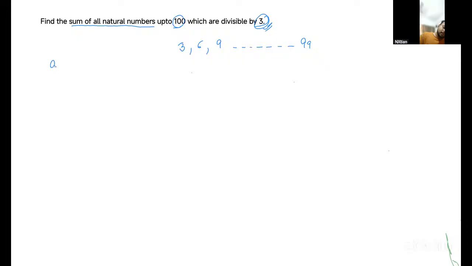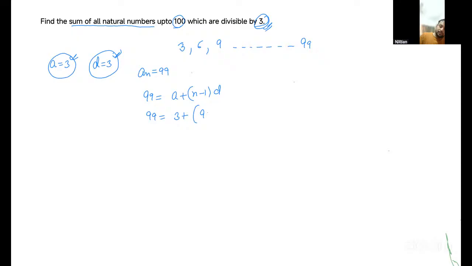First of all, you have to write a is 3, d is also 3, and because we don't know the value of n, we'll take an is equal to 99. So 99 is equal to a plus n minus 1 into d. So 99 is equal to 3 plus n minus 1 into d.